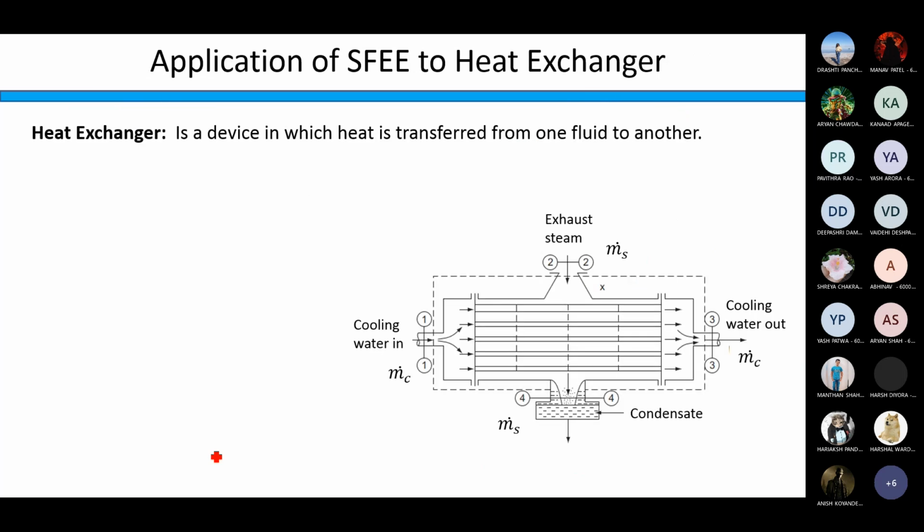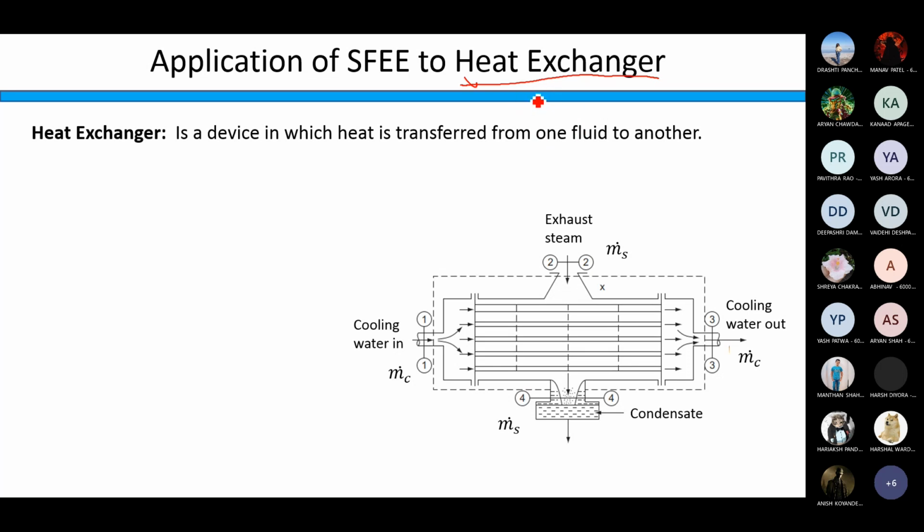Okay. Now the last device where we'll try to apply and simplify the steady flow energy equation is a heat exchanger. You have a separate module on this topic, heat exchanger, in the 5th semester when you study the subject of heat transfer. You will study in detail the different types of heat exchangers.